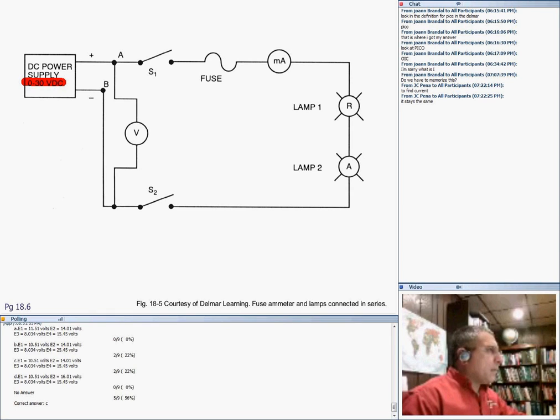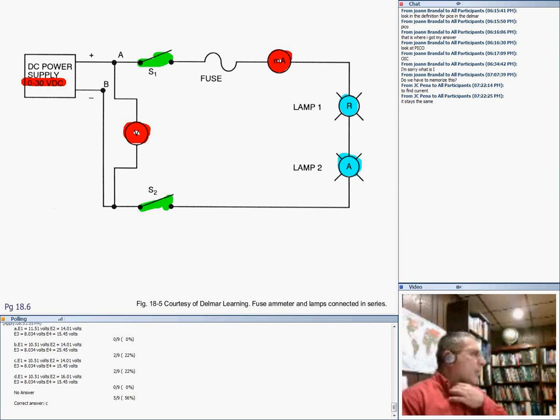We have a milliamp meter and a voltmeter, so we just do measurements. As you can see, I have two loads and also two switches, switch 1 and switch 2.